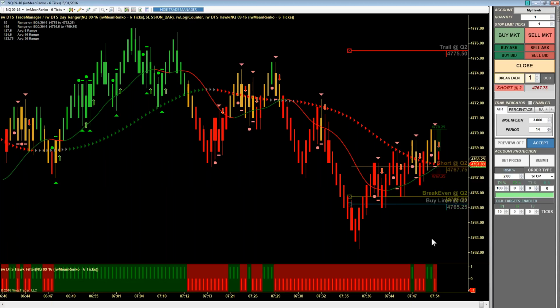Oh, they didn't slip us. How nice. Okay, so this is our 4-arrow consolidation pattern. Looking for just a short-term follow-through.